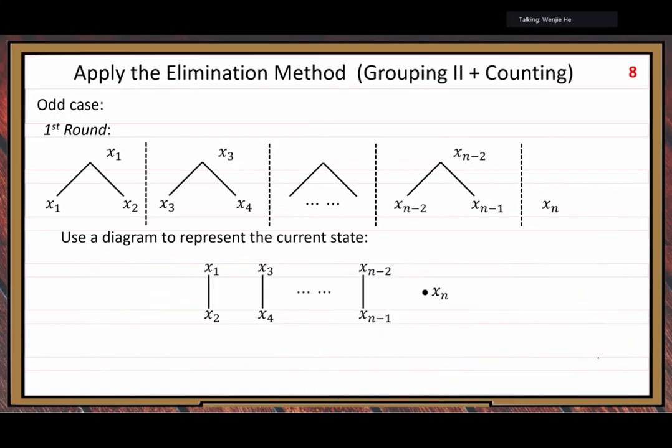For the odd case, I want to go back to the problem-solving strategy. In problem-solving, many times we have multiple cases. When we have multiple cases, our strategy is to always work on the simplest case first. Here we have two cases, even case and odd case.